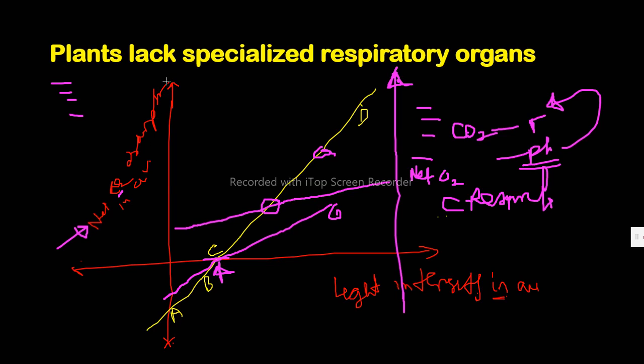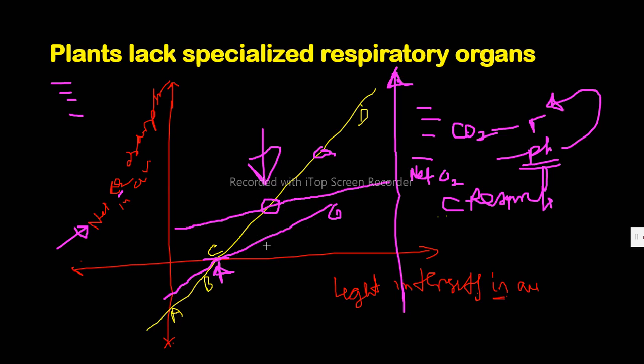And if it's the same curve, they have the same figures, there you are free to say at this point they are equal, and that point where they are equal becomes your compensation point. But when they are drawn on separate curves, then at this point you can't say that they are equal.